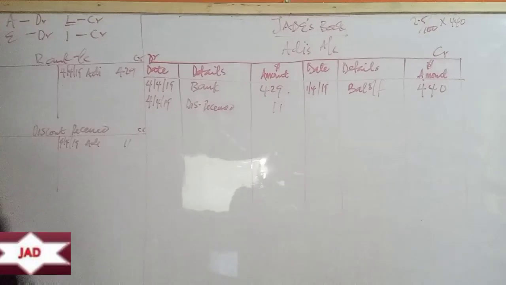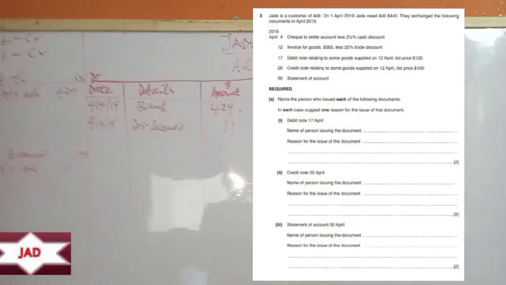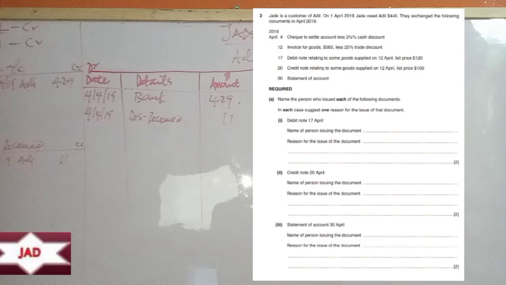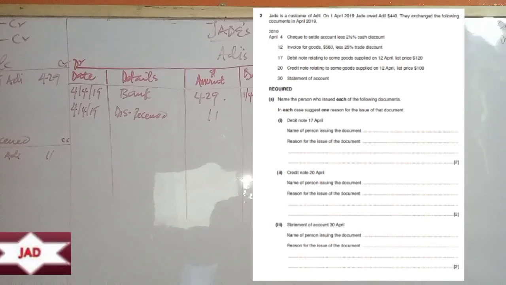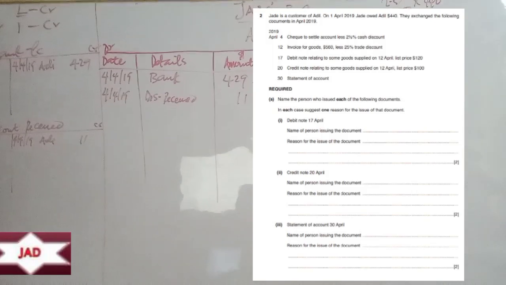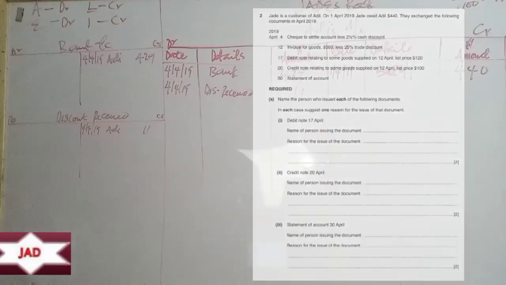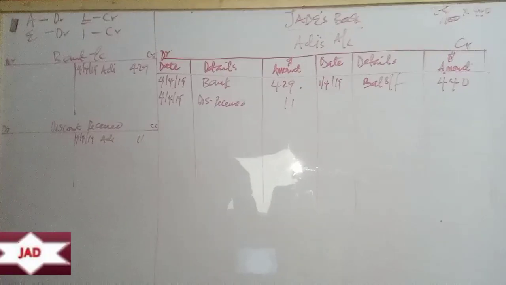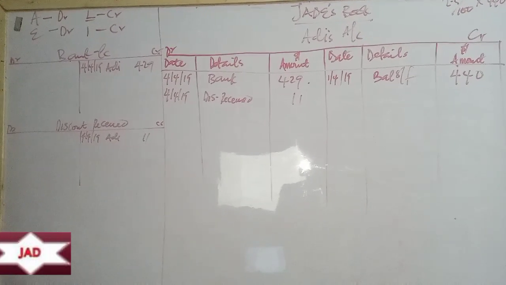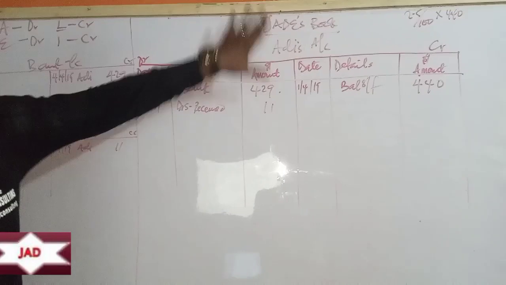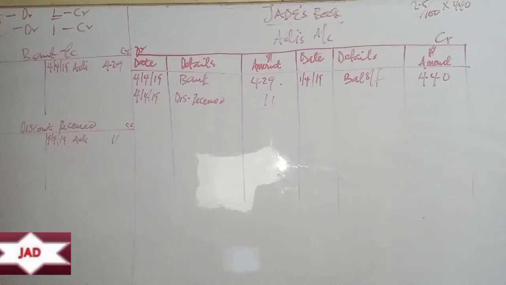So the next one says 12th of April, invoice for goods, $560, less 25% trade discount. So what we're saying here is that Adi invoiced goods to Jade, and then there was a trade discount of 25%. Remember, in Jade's book, Adi is a supplier or a vendor.